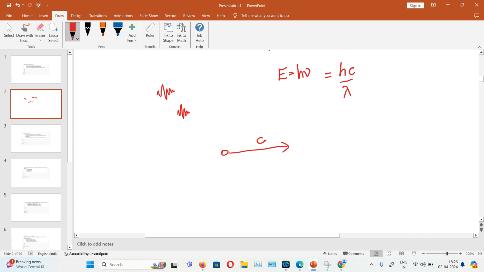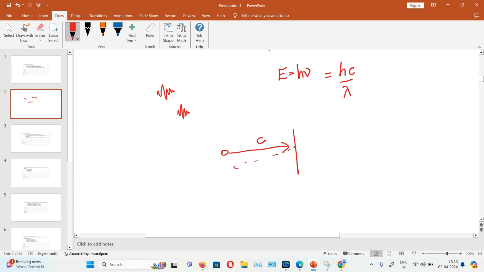And when it is interacting with a particle, what happens? Just consider that some refraction or some reflection is happening. The photon will be incident at a plane, and it will reflect back. Whether the energy of the photon will get changed?